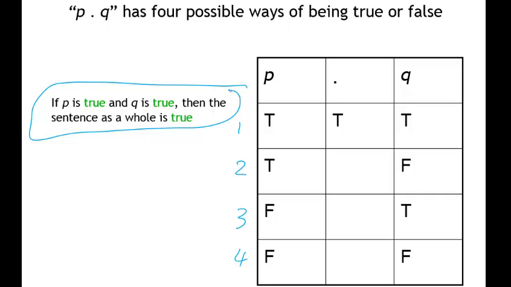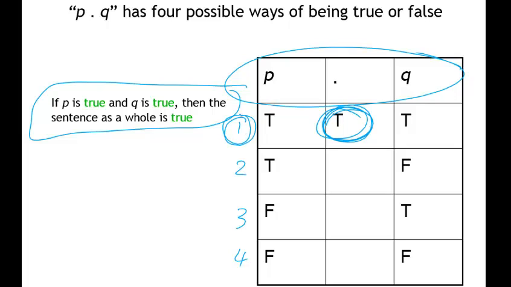That captures roughly what we mean by the semantics of and in English, and it's certainly what we're going to do here. So in case 1, P and Q, this whole thing, is true. So what is case 1? Case 1 is when P is true and Q is true.